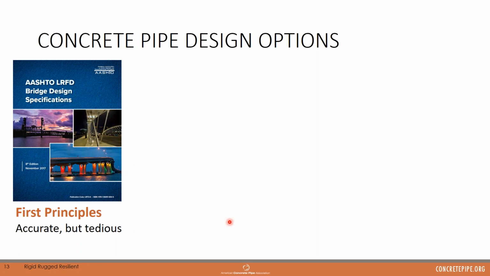So again, as a designer, you have a couple of options. You can go through the AASHTO code or the ACPA's design manual and just hand calculate everything. Obviously, this is accurate, but it's also very tedious.